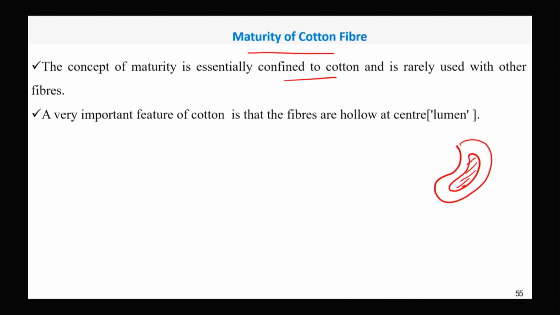So this lumen area indicates the maturity, whether it will be matured or immature.